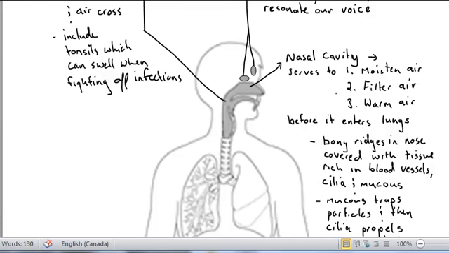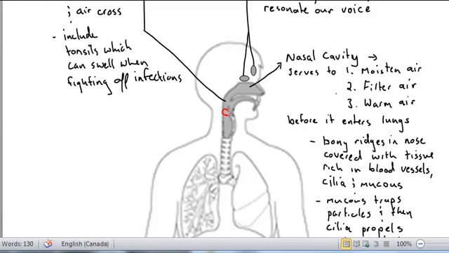You can't see, going down the back is actually your esophagus, and in the front is your trachea. So right here, we're going to focus on, I'm going to color it red so it's a little easier to see.